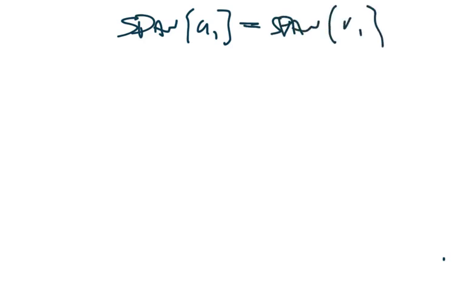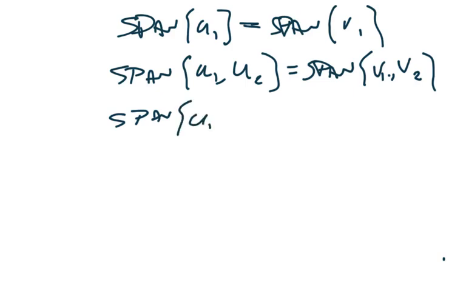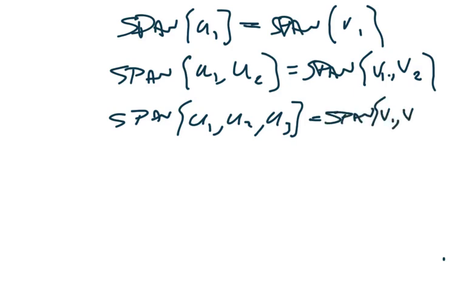It does so in a coherent way, meaning that the span of u1 is the same as the span of v1. The span of u1 and u2 together is the same as the span of v1 and v2 together. The span of u1, u2, u3 together is the same as the span of v1, v2, v3 together, and so on and so forth.